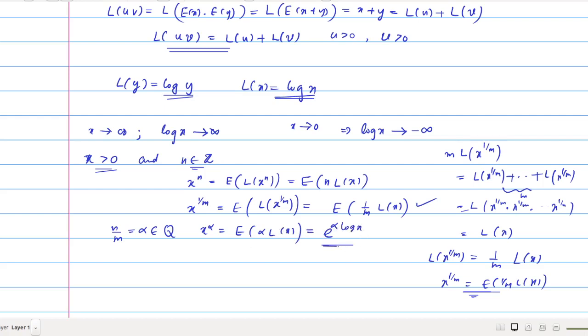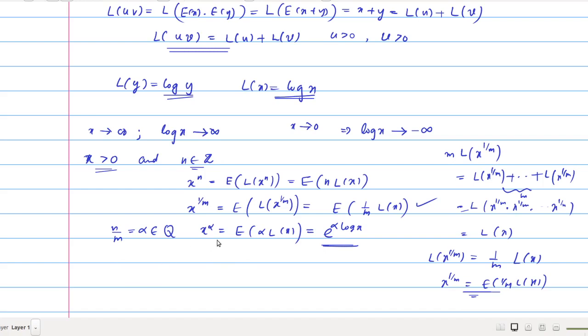So for any rational number alpha, x raised to alpha can be written as E to the power alpha log x. So this is true for every rational number. Okay, so obviously we can extend this to any real numbers.